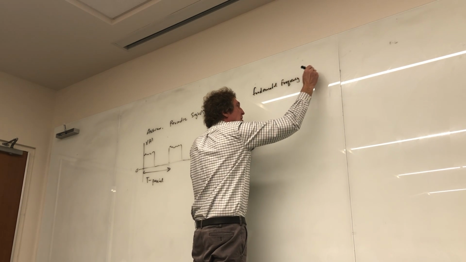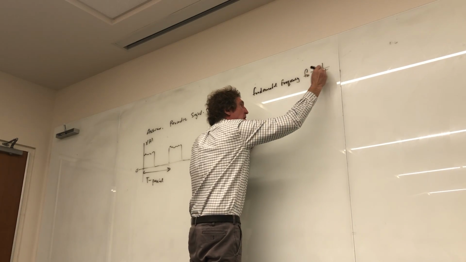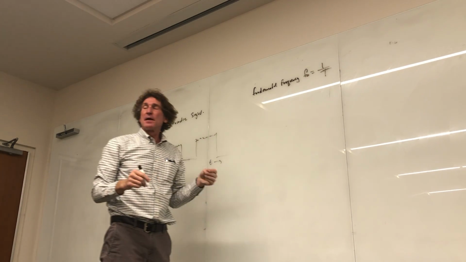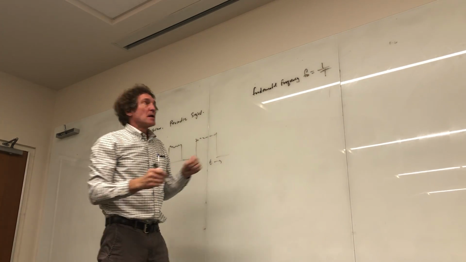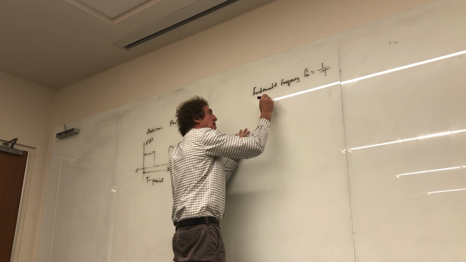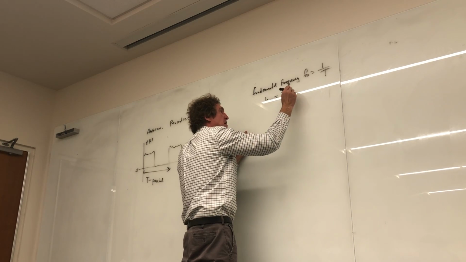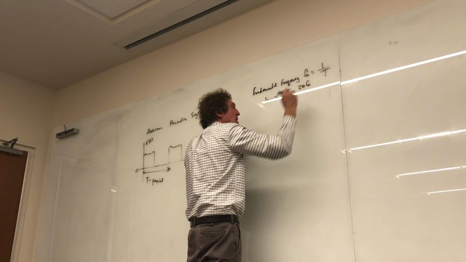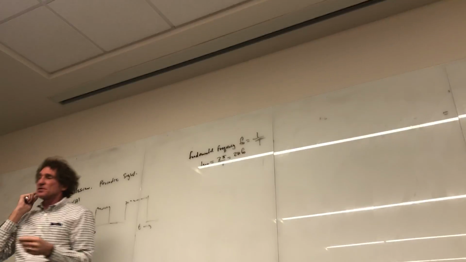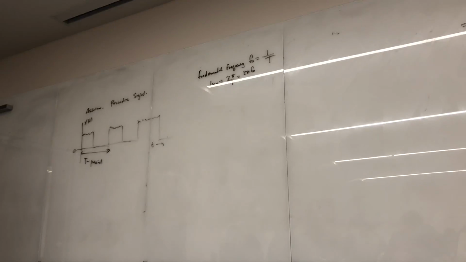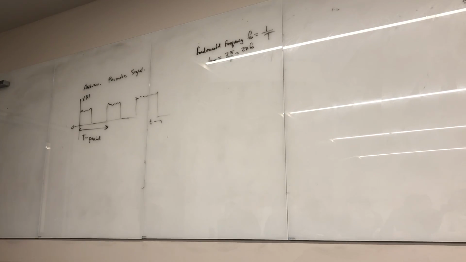It is f naught, and that's 1 over the period. So remember that, that's the fundamental frequency. Also, omega naught is something that we use all the time, and that's 2 pi over T, or 2 pi f naught. And most of you know the relationship between frequency in hertz and frequency in radians per second is just 2 pi.